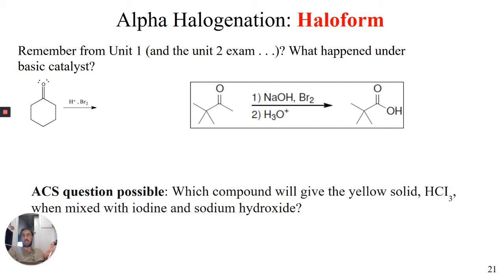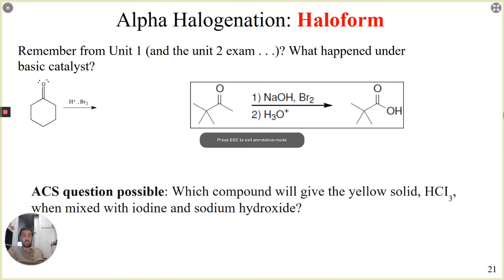What they're actually asking here is a repackaging of this. Which compound would give the yellow solid HCI3? So pretty much that whole first statement is just misleading when mixed with iodine and sodium hydroxide. You could answer this by memorization, or what you could do would be to write out that you're looking at I2 and OH minus.